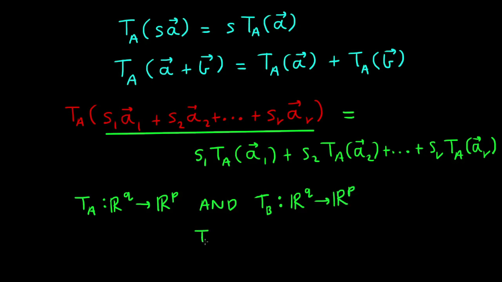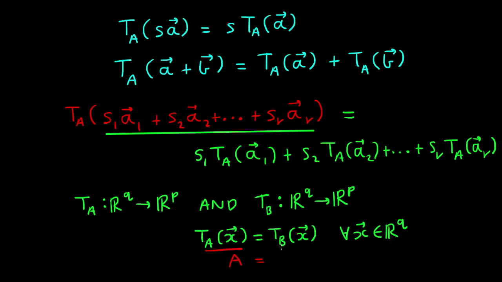If the transformation TA of a vector X is equal to TB of the vector X for every vector X in Q space, then the standard matrix for this transformation is equal to the standard matrix for the other transformation.